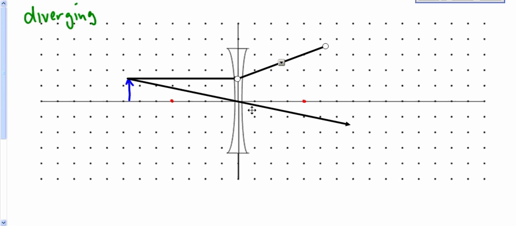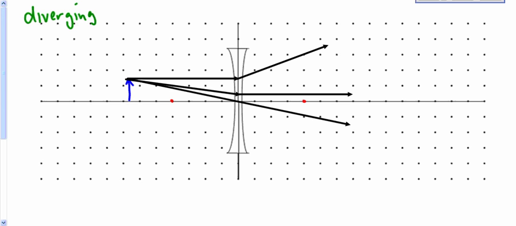Rule number 3 is going to be exactly the same. If I go through F and then diverging on the other side, normally we go through F on this side and then parallel, but wait, that wouldn't look right because it would be converging. We have to line up our ray with the focal point on the other side, back it up, and then my ray comes through parallel.